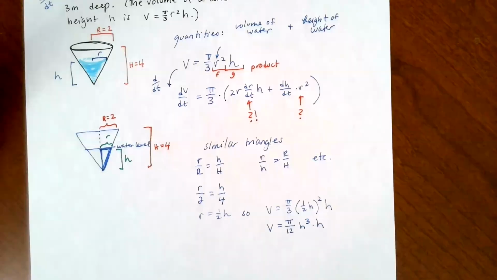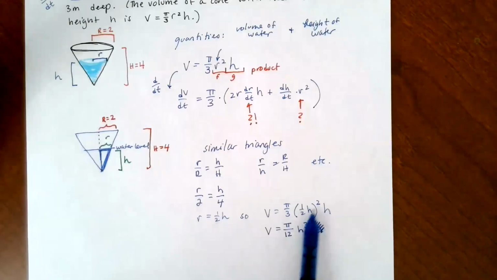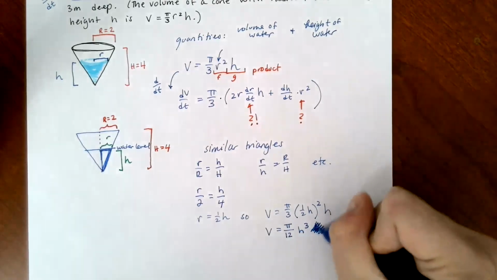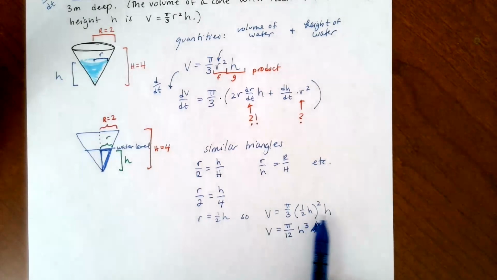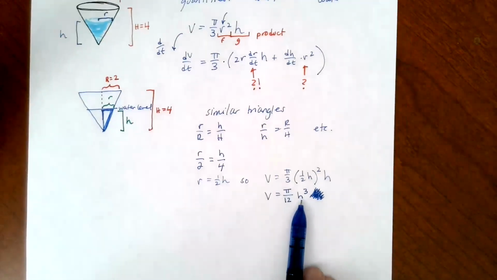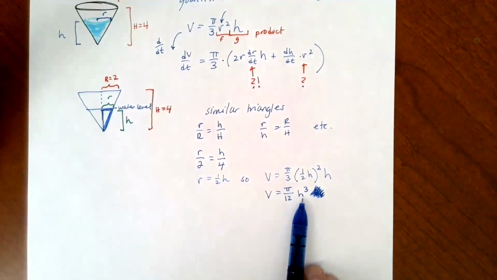So this would be h squared, and then combined with this h makes an h cubed. I was going to do it in two steps, but we'll just keep that cube. So from here, we can do the problem in the way that we're more familiar with.